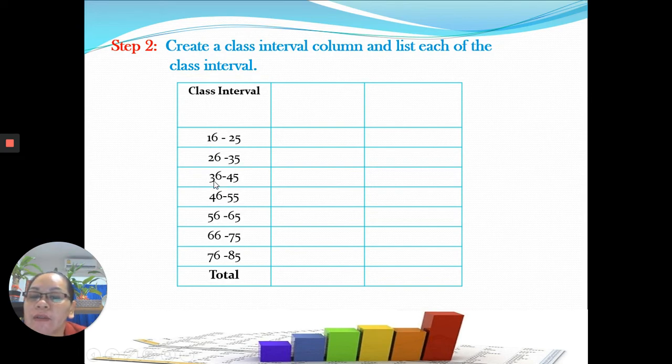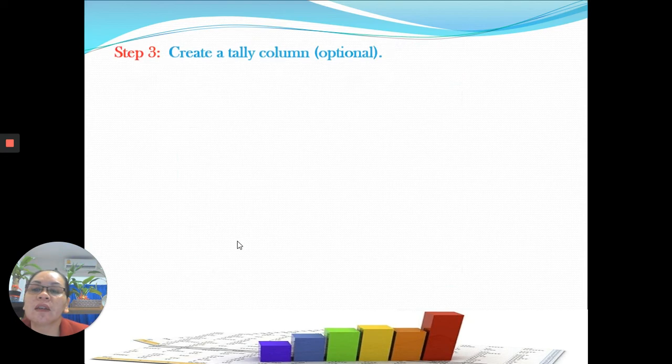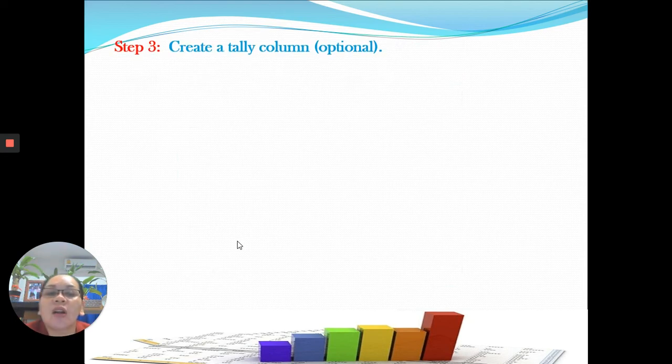And then you have 36 to 45, 46 to 55, and so on to 76 to 85. 85 here is your highest observation. If you try to count it, you have 7 class intervals.